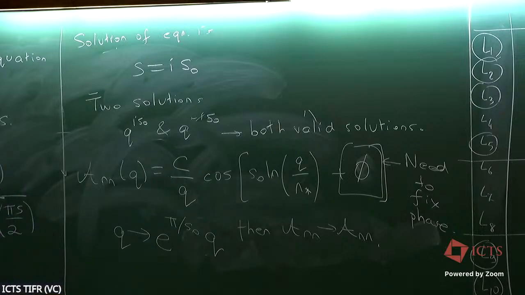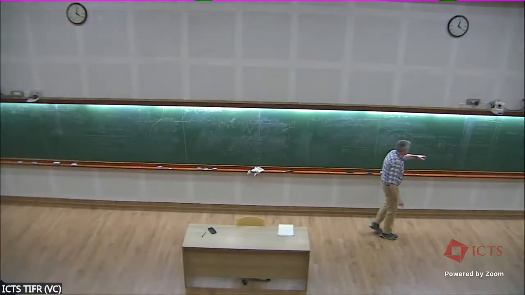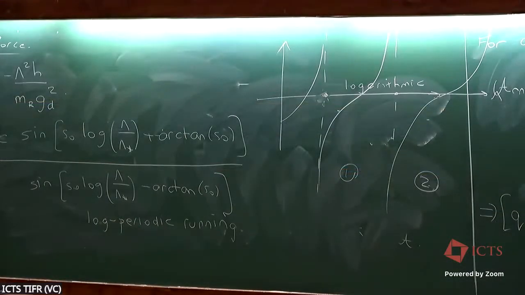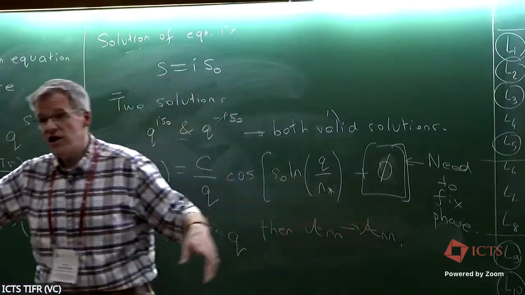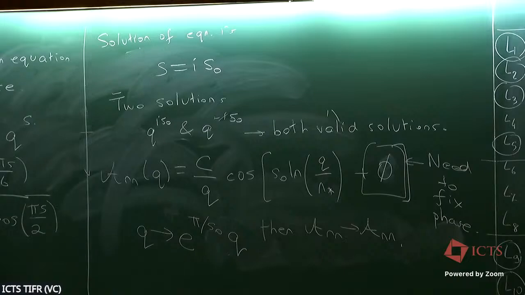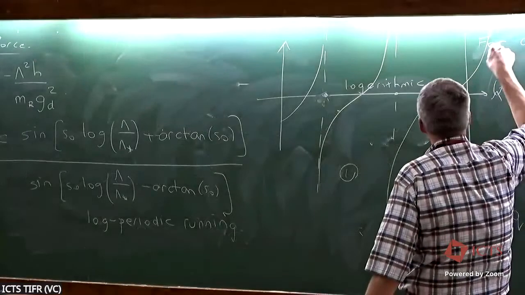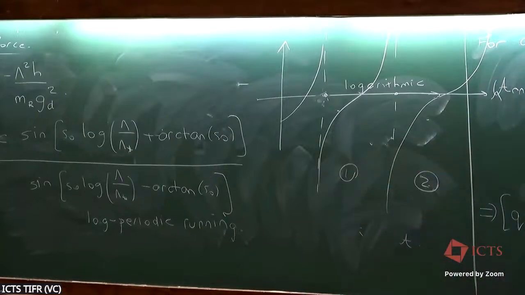And then what that does is that by tuning that h, you're effectively fixing a particular value for this phase. And then you get a state, and then you can change the cutoff. But then you have to change h as you change the cutoff. And as you change the cutoff, you can keep the three-body binding energy stable, but h lives on this limit cycle and has this log periodic running.